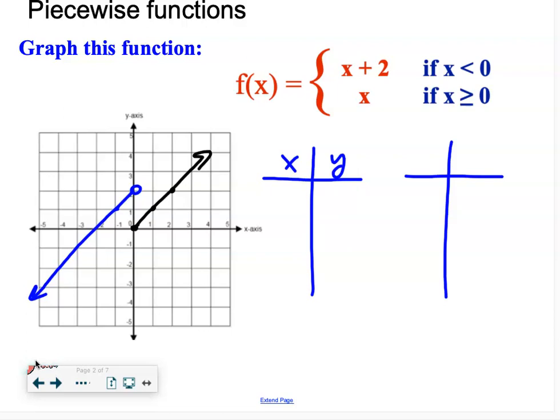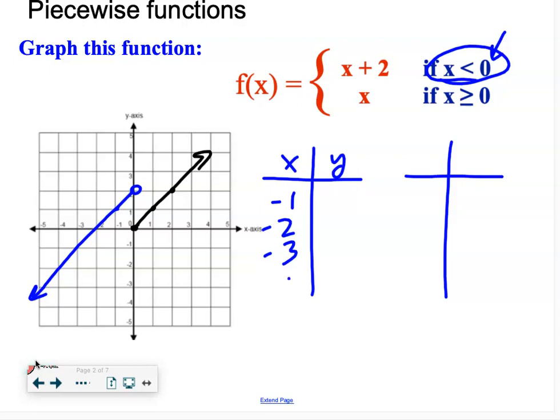Okay. Now, we can pick any x's that we want as long as the numbers that we put here are less than 0. Pick any 3 numbers less than 0. -1, -2, -3. Good. You also always want to include this number, 0.